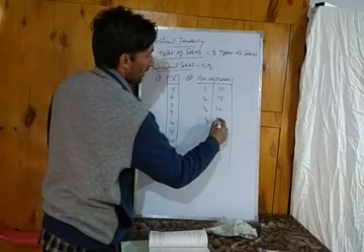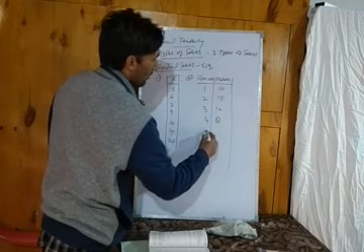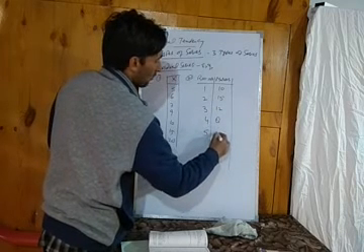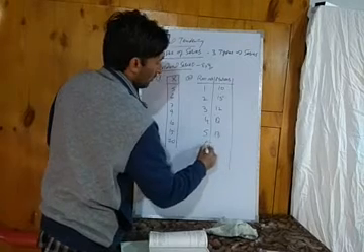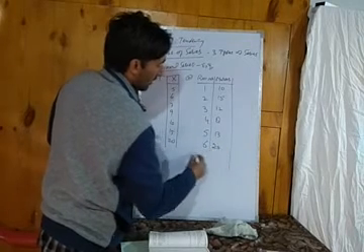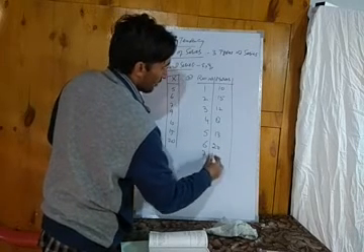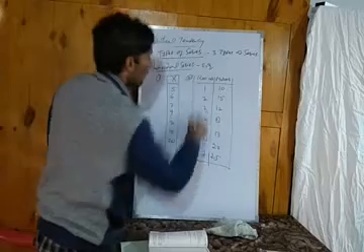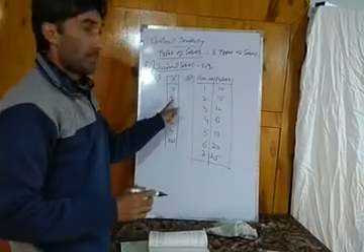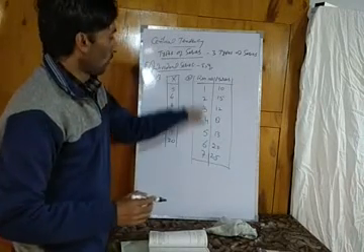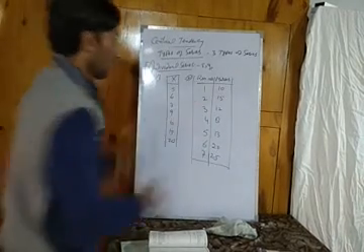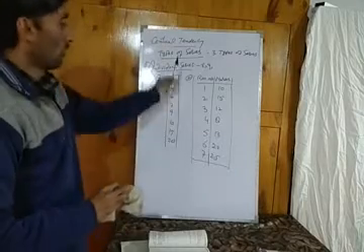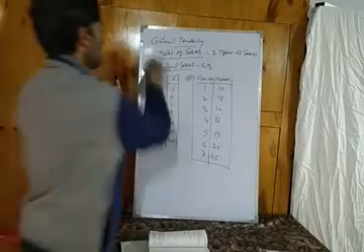Roll number 4 gets 8 marks. Roll number 5 gets, for example, 13 marks. Roll number 6 gets 20 marks. Roll number 7 gets 25 marks. So this is also an individual series, but there are roll numbers and marks. This is a simple example of individual series.